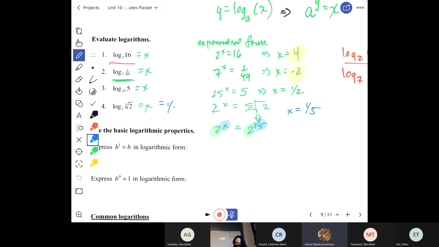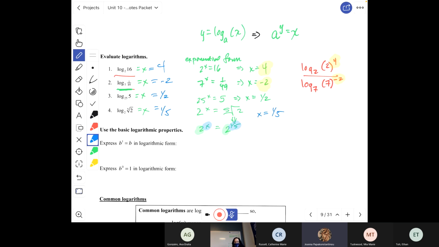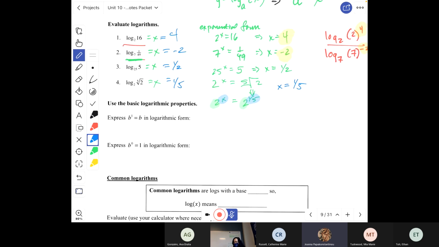So this equals 1/5, this equals 1/2, this equals -2, this equals 4. So I could convert it to exponential form, or maybe I could rewrite it where the base of the exponent is the same as the base of the logarithm. Why you might want to see if you can rewrite it in this form is because there's a beautiful property.